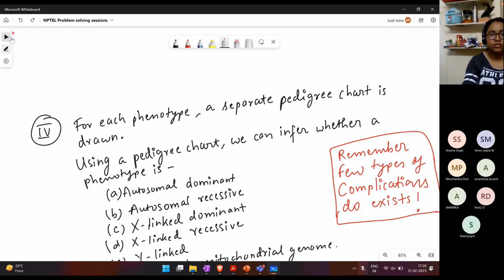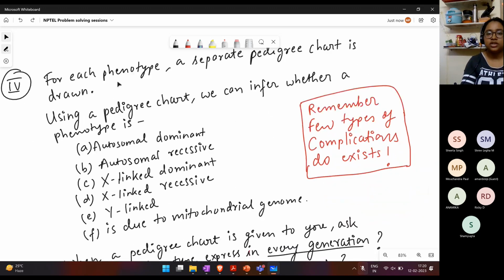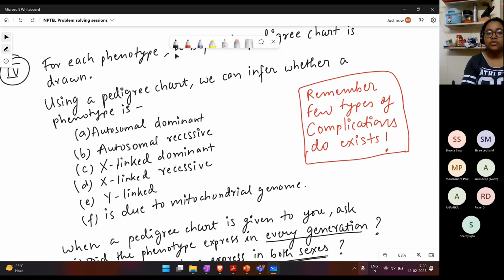Now using a pedigree chart, we can infer whether a phenotype is autosomal dominant, meaning the gene responsible for the phenotype lies in the autosomes, and whether that gene is a dominant one or recessive one.